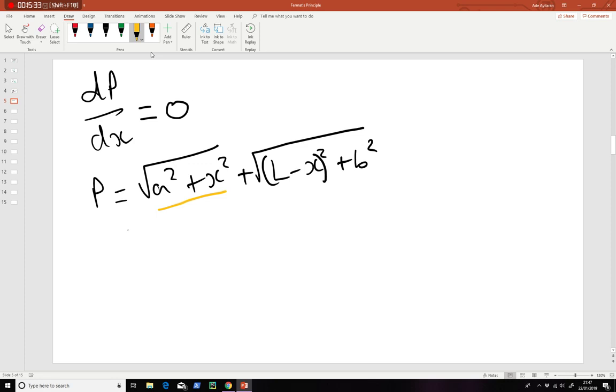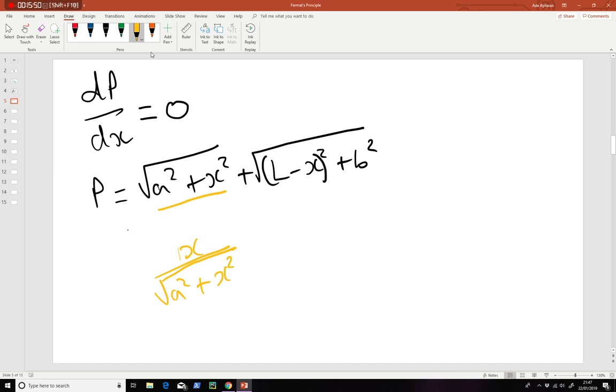And we will find that the differential of the left side ends up equaling 2x over the square root of a squared plus x squared.